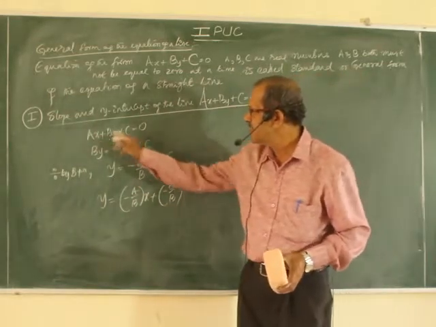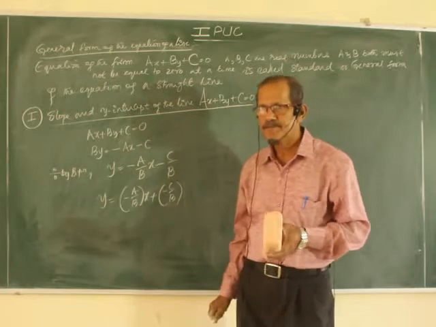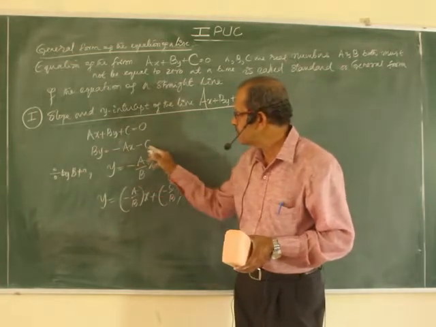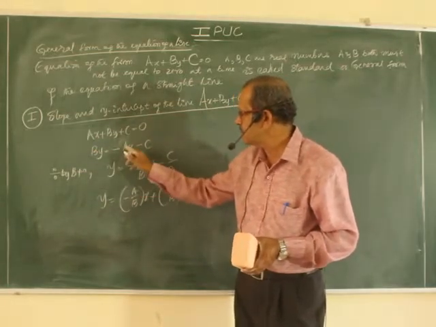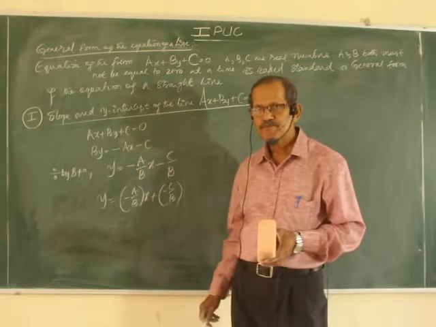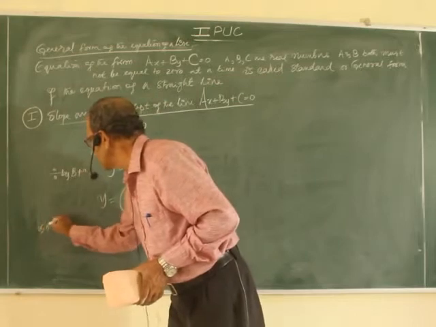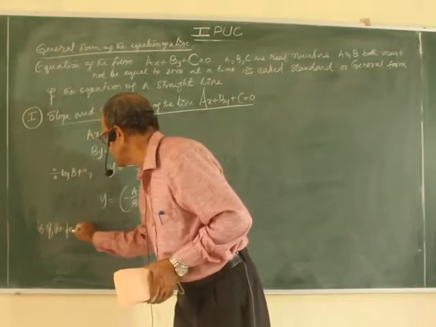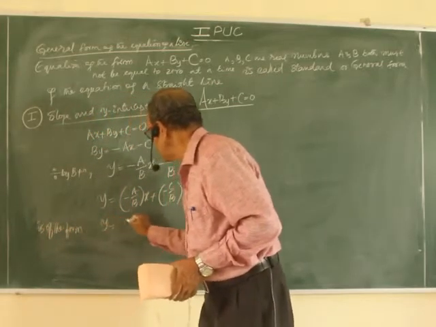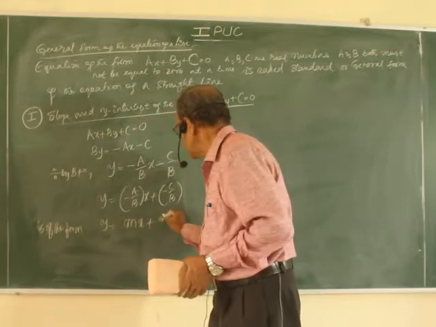Take ax and c to the other side, divide throughout by b. This is of the form y equal to mx plus c.